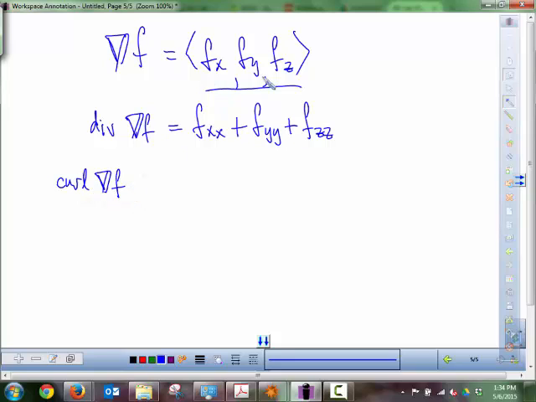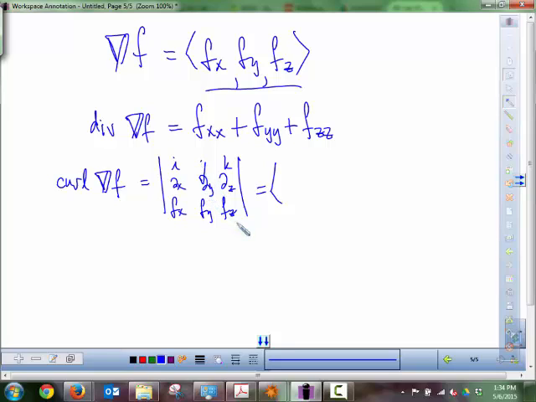Let's take that same vector field and take the curl of this. I, j, k, partial with respect to x, with respect to y, with respect to z, and then fx, fy, fz. So in the I direction, this is a curl, so this is a vector field.